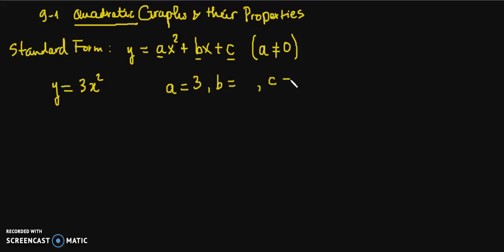We don't see b and c here, so it means they are 0. So we can write it as 0 times x plus 0. So b is 0 and c is also 0.